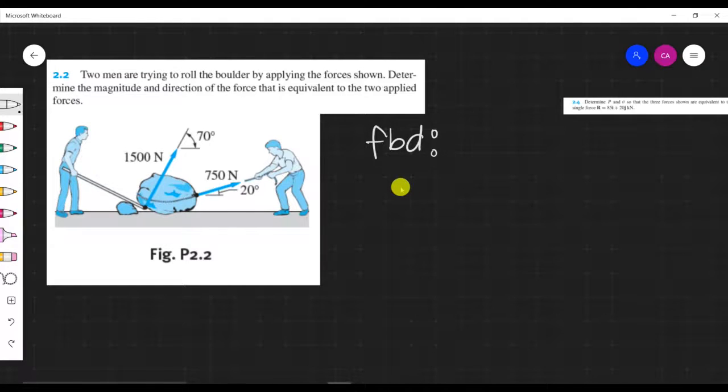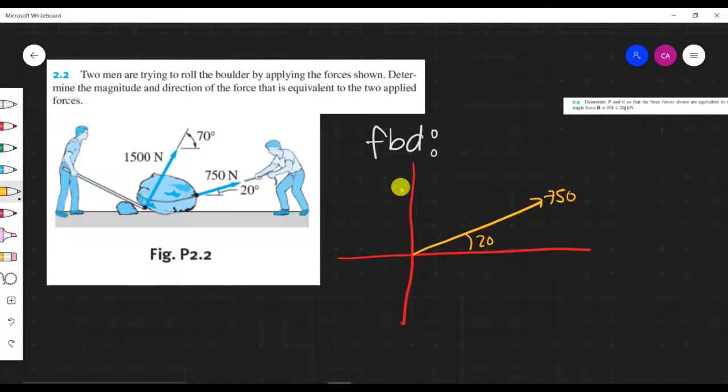So, pwede mong i-slide yan into vector system, na kung saan yung ating drawing lang ako ng Cartesian coordinate, na kung saan yung ating mga forces, yung 750 directed 20 degrees, then meron kang 1,500 directed 70 degrees.